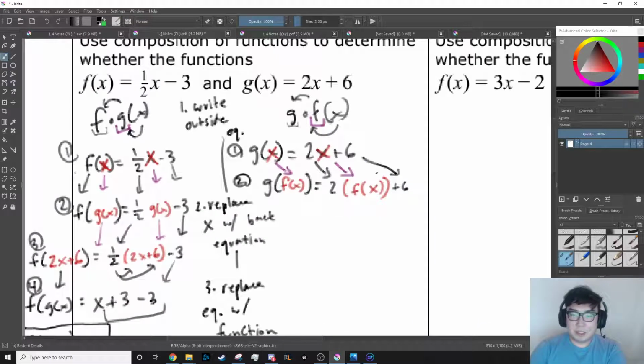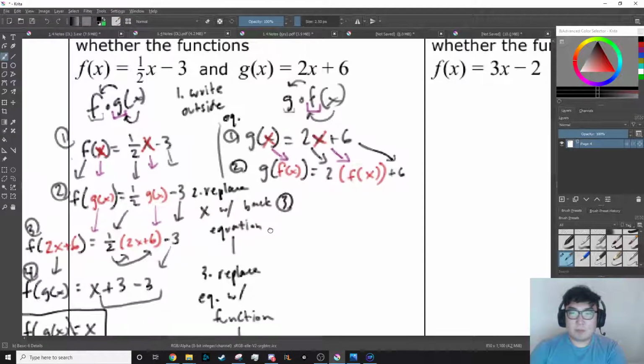Nice. Step 3: replace the equation, which is f of x in this situation, with the function. What does my function f of x equal? It's listed right here. f of x is equal to 1/2 x minus 3.